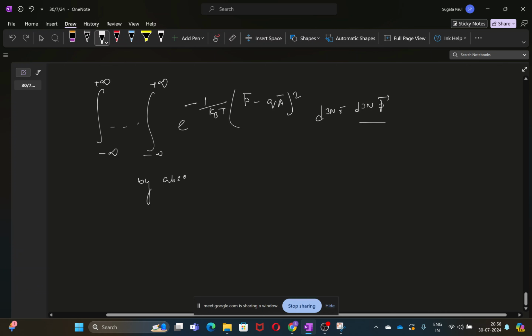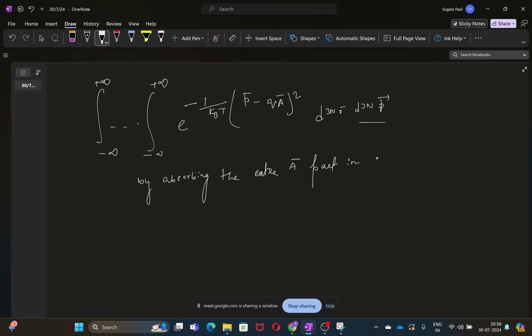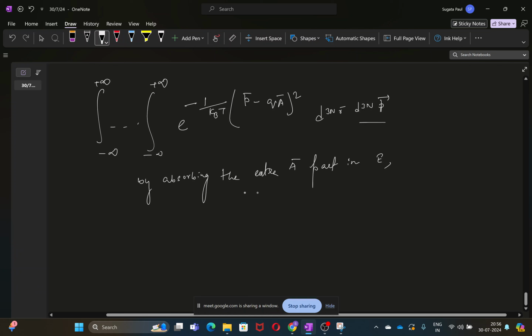by absorbing the extra A part in p minus qA, in the Hamiltonian or in the energy, by the shift of the momentum origin from minus infinity to plus infinity.